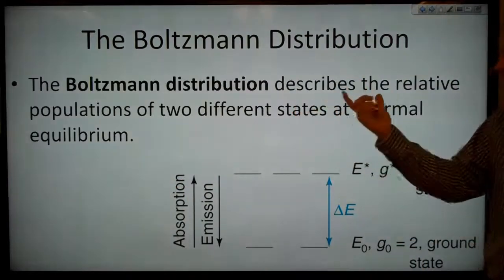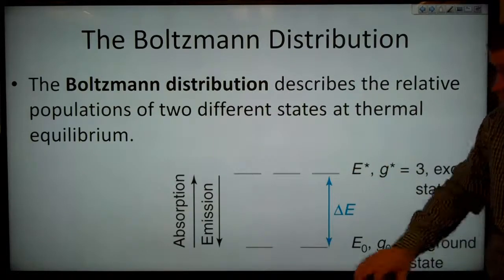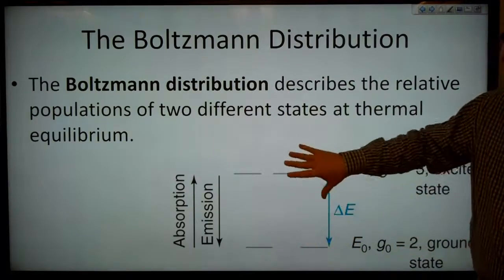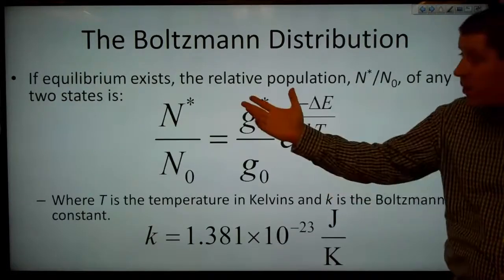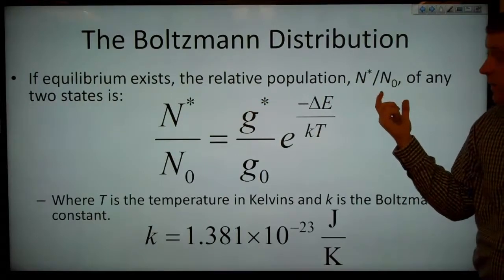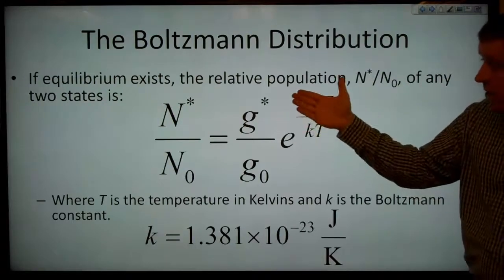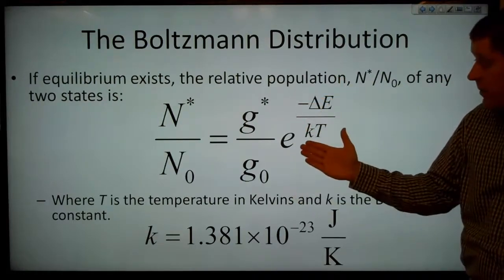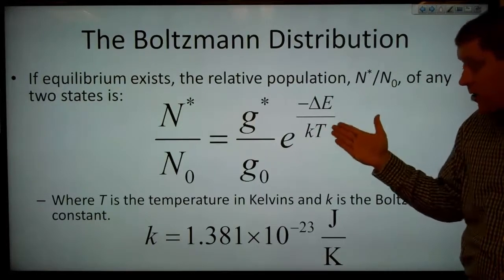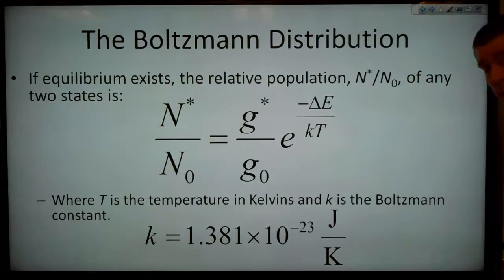Now the Boltzmann distribution describes the relative populations of two different states at thermal equilibrium. So it will tell us the populations of this state relative to that state. So if equilibrium exists, then the relative population N star over N naught of any two states is given here, G star over G naught times e to the minus delta E over kT, where T is the temperature in kelvins, and k there is the Boltzmann constant, which is 1.381 times 10 to the minus 23 joules per kelvin.